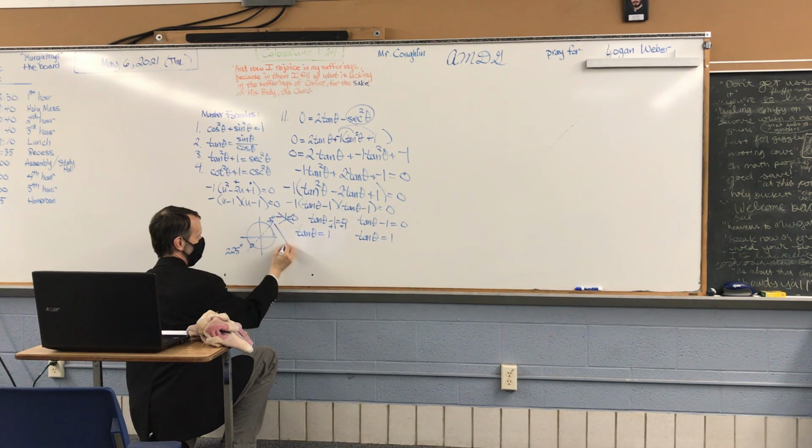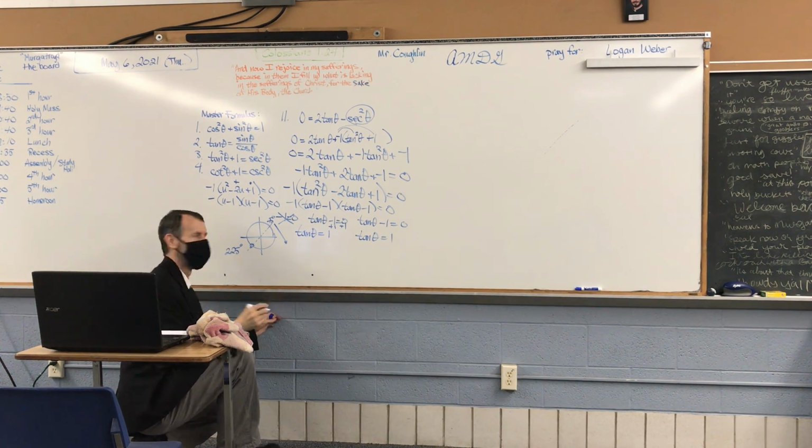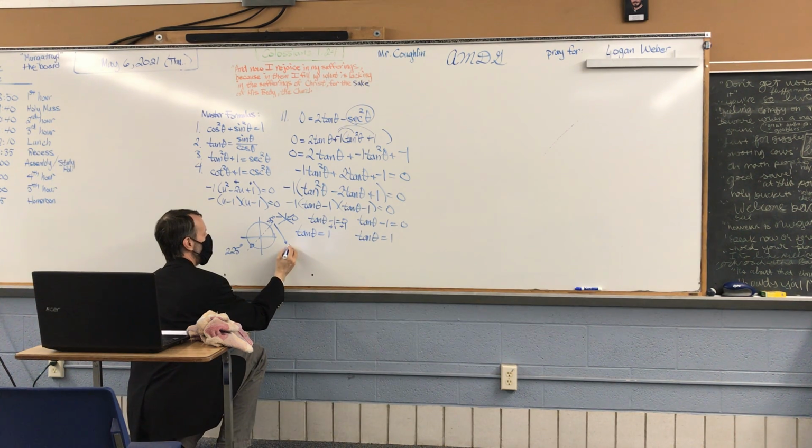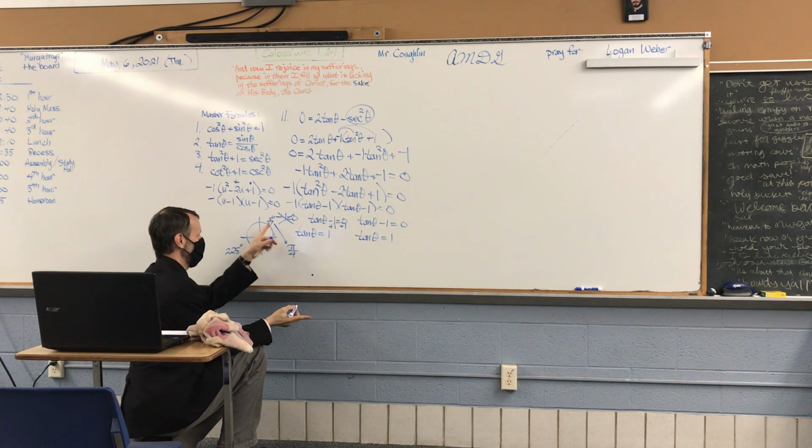What's 45 as a radian? Anybody? Pi over 4, because pi is 180, so pi over 4 is 45.